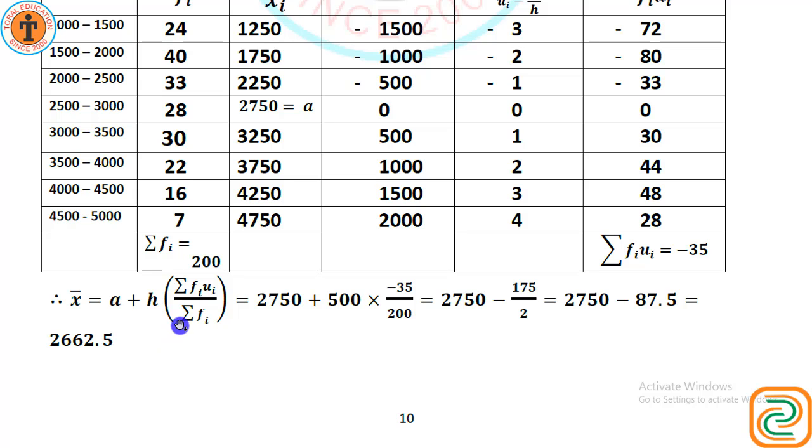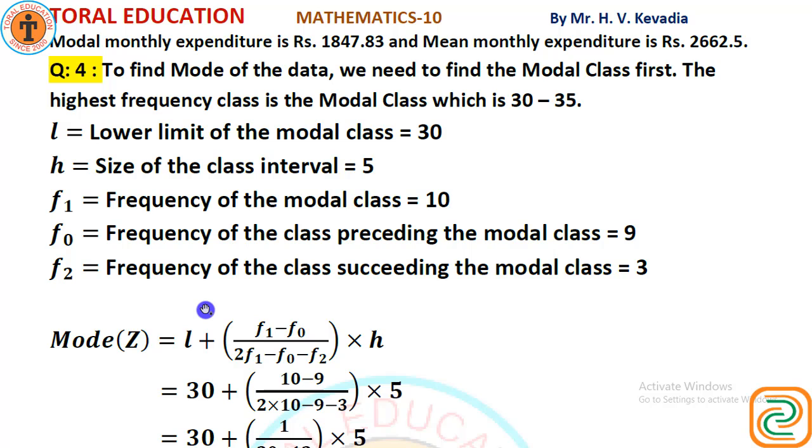Question number 4. The following distribution gives the state-wise teacher-student ratio in higher secondary schools of India. Find the mode and mean of the data. Interpret the two measures. Let's see. Mode and mean. We have modal class 30 to 35 because there is highest frequency 10.